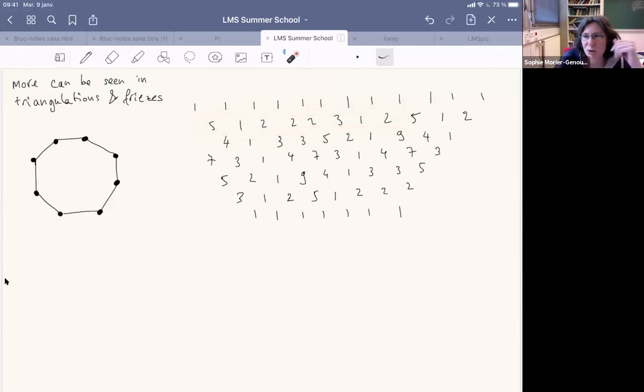One should be able to do it because the theorem says that this is the quiddity sequence. So this octagon can be triangulated to have this quiddity sequence. But there is another trick that you can do. There is another way to construct the triangulation, and I'm going to explain this now.